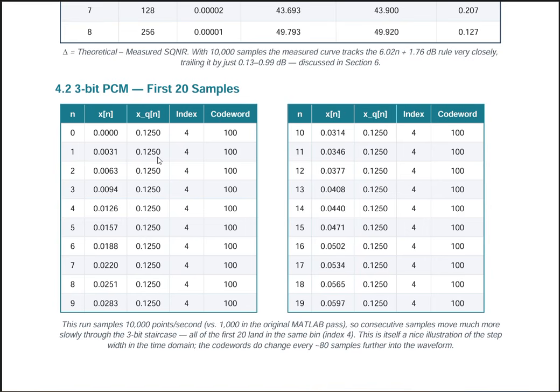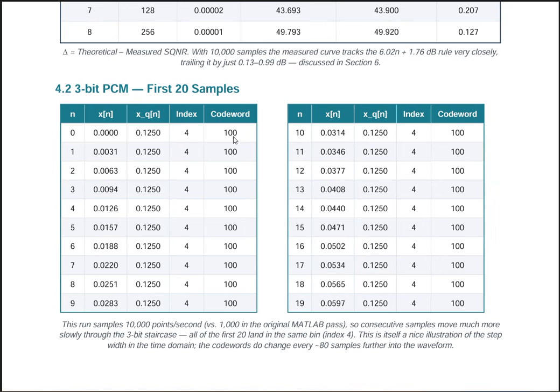Its index is 4, and the corresponding binary codeword is 100. The first several samples have very similar values, so they are mapped to the same quantization level. This is a simple way to understand what happens during the PCM encoding.